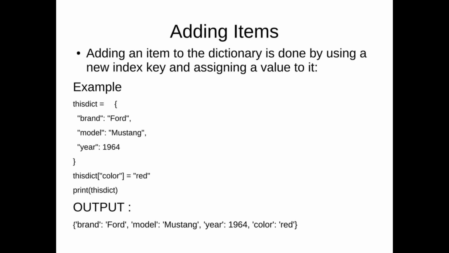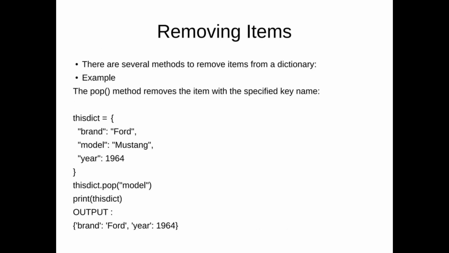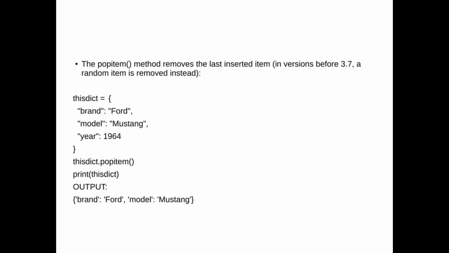Removing items. Removing is nothing but deleting from the existing data. Now I want to remove items by using the pop method. It removes the item with the specified key name. Here I want to remove the model. The model as Mustang should be removed from the existing data.